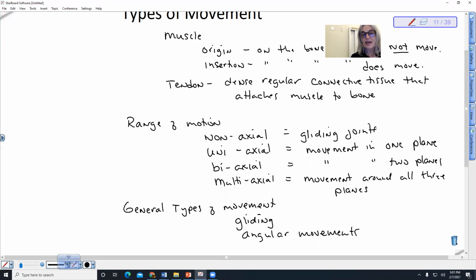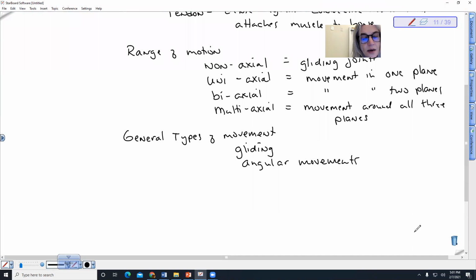And then we have rotational movements. A good example of that one would be the dens of the axis rotating around in the atlas that allows me to rotate my head. And so those are the general types of movement.